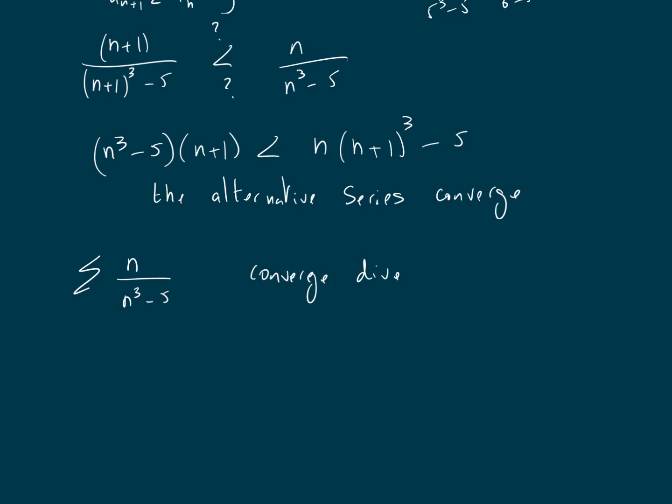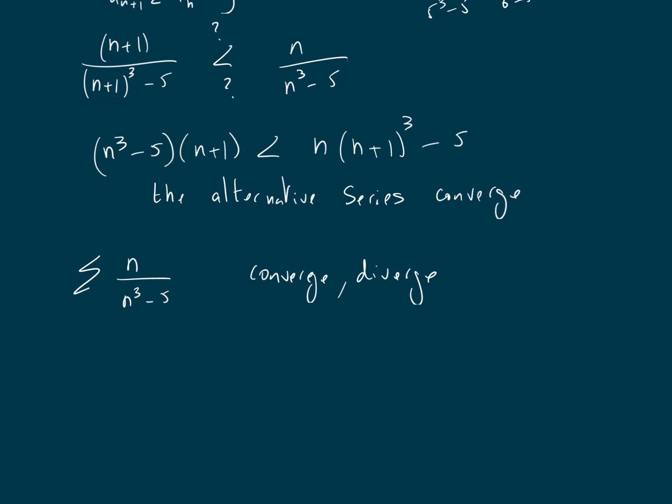If this converges, we will say that, because the alternating series converges, and this one also converges, the alternating series converges absolutely. If not, we will say the alternating series converges, how do you say, not absolutely, conditionally.